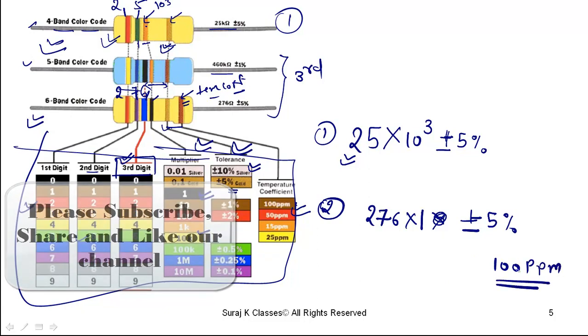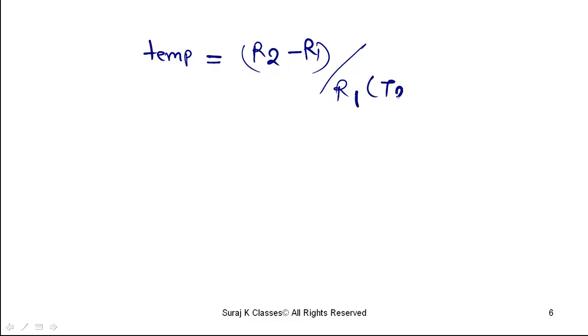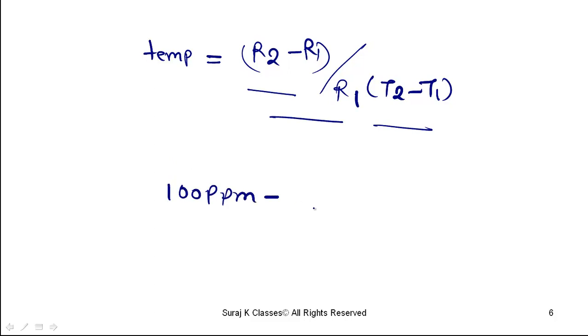Now we will discuss separately what this temperature coefficient is. If you obtain the formula for this, it is R2 minus R1, if I'm not wrong, upon R1 times T2 minus T1. Actually we are not going into this much detail. We will discuss it separately, but for now just understand what this 100 ppm is. The full form of ppm is parts per million.